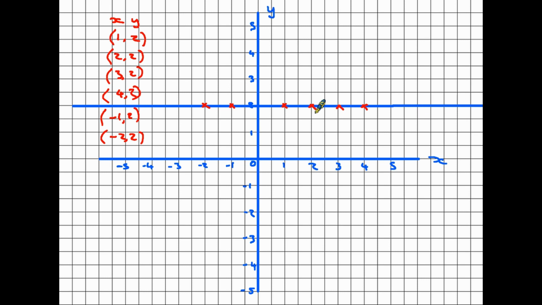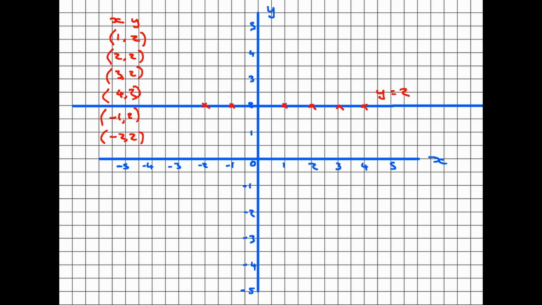So it is a straight line where every coordinate has 2 in the y position. Therefore, we call this line y = 2. It is a line that crosses 2 here horizontally on the y-axis.